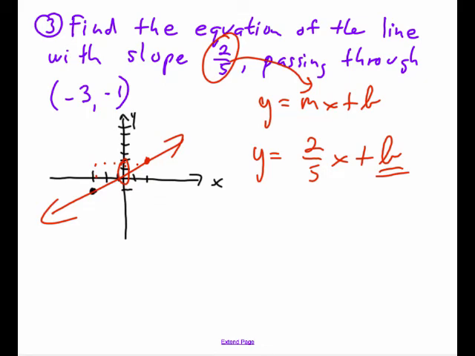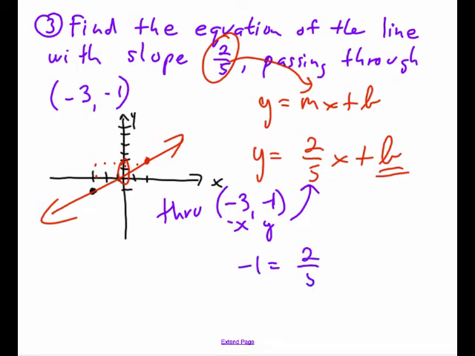So what I can do here is, because I know that the line passes through this point, I know that this point must satisfy the equation for x and y. So I'm going to substitute these values of x and y into the equation. So negative 1 equals 2/5 times negative 3 for x plus b.